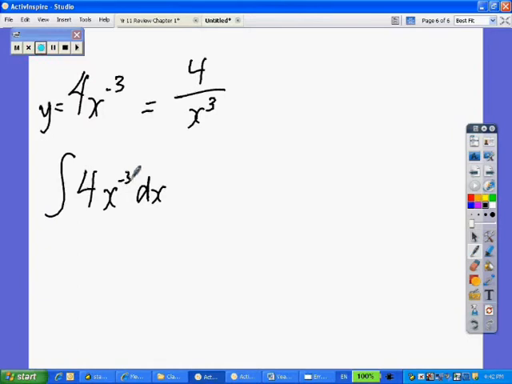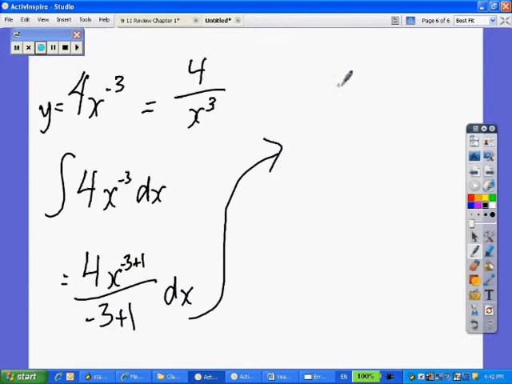Now, n plus 1 is going to be negative 2. So I'm going to go 4x to the power of negative 3 plus 1 over negative 3 plus 1 dx.